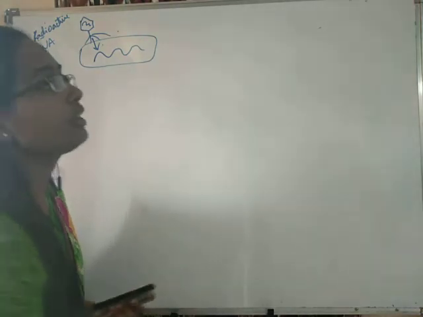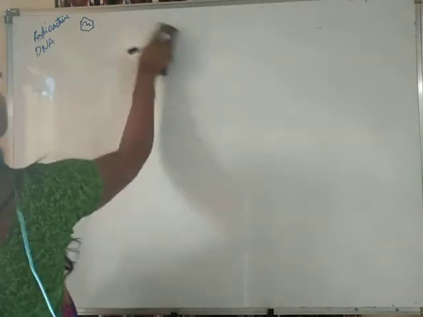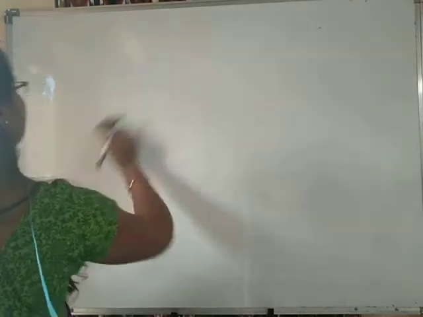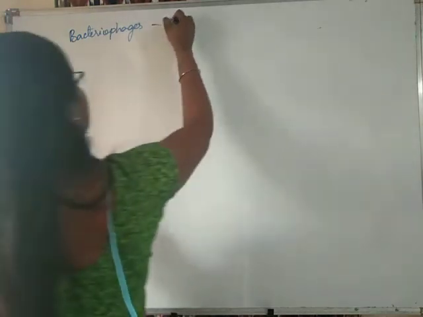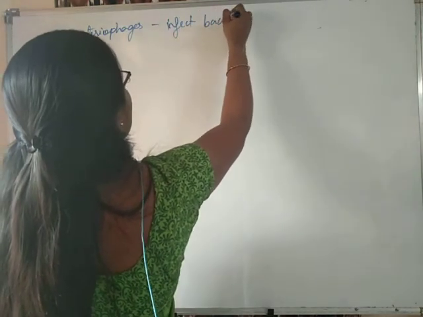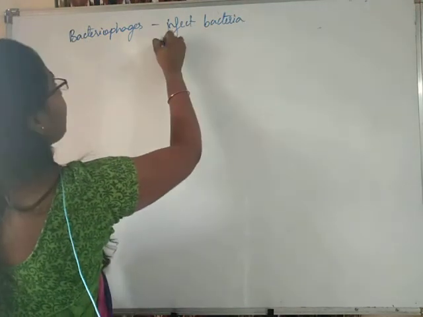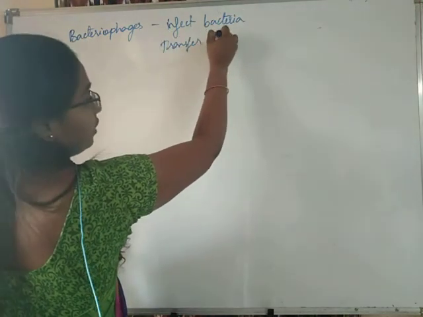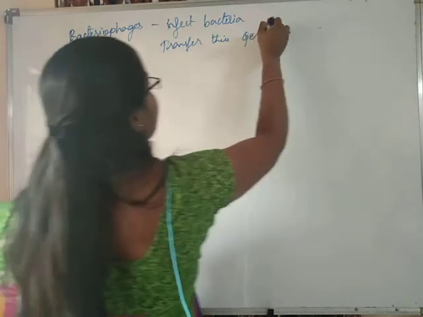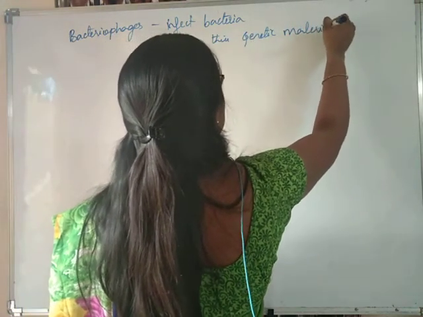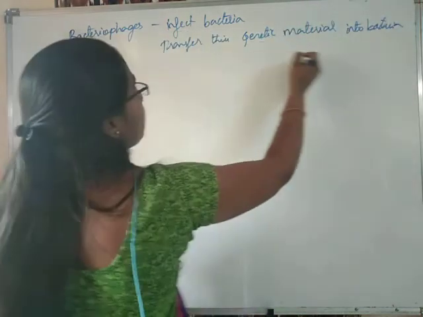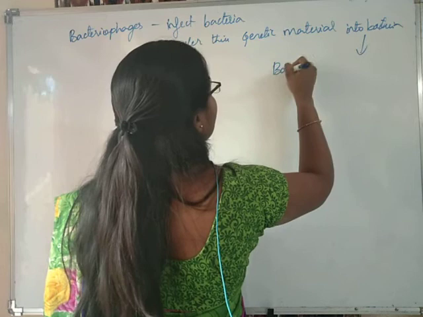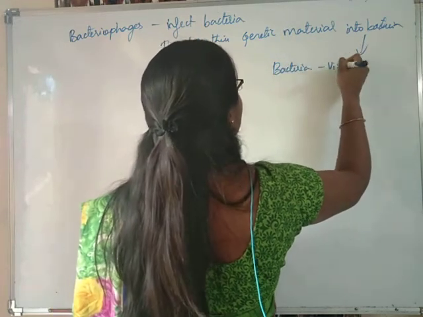Before we learn this, we need to know what is happening with these bacteriophages. The bacteriophages infect the bacteria, they transfer their genetic material into the bacteria, and the bacteria will be producing viral proteins.